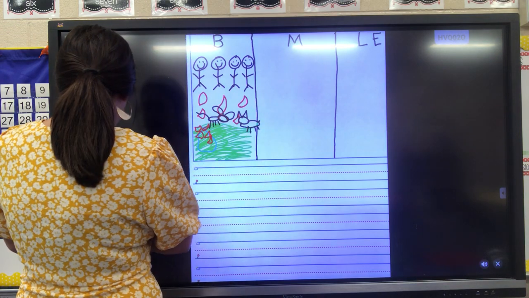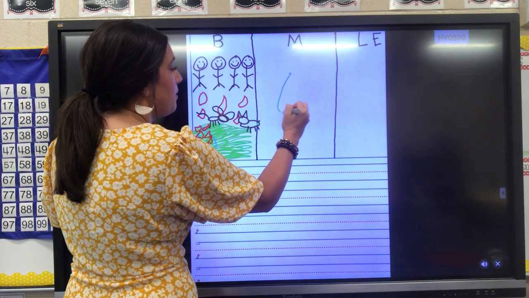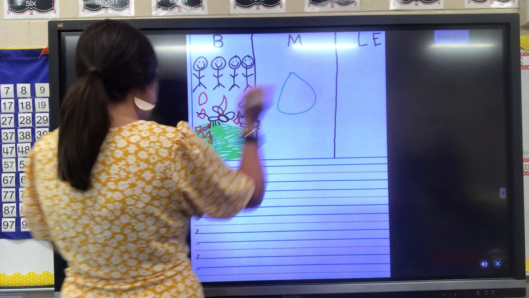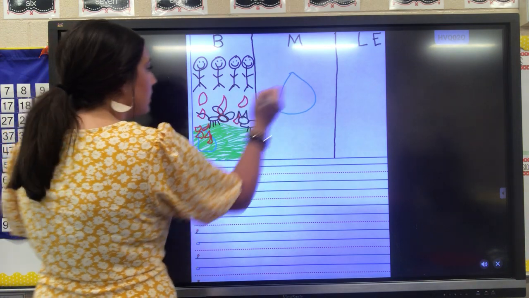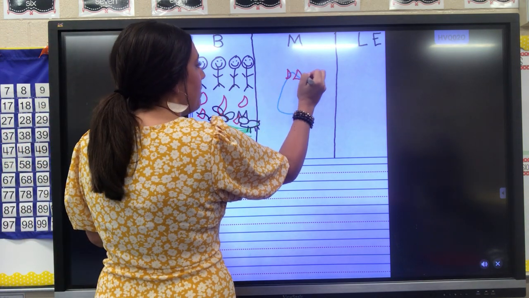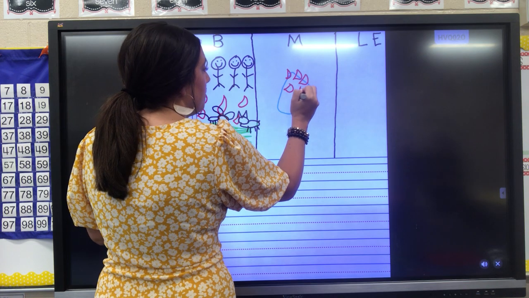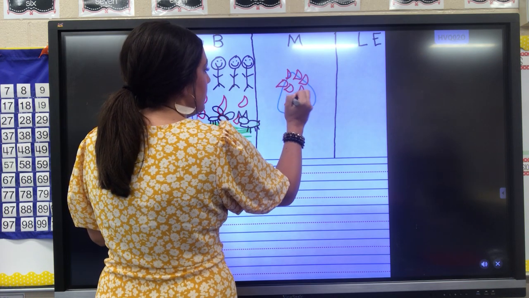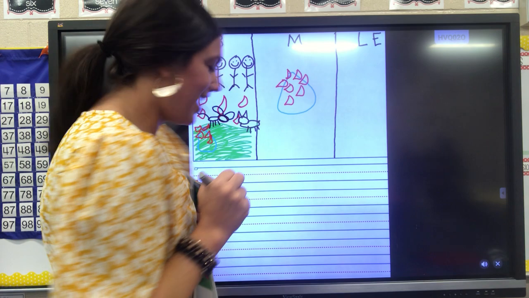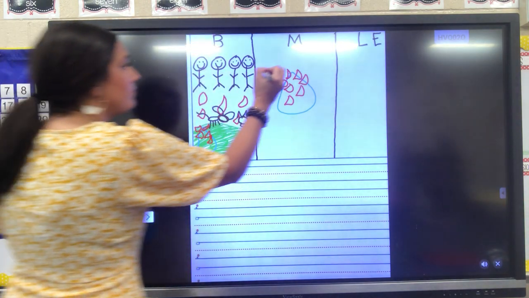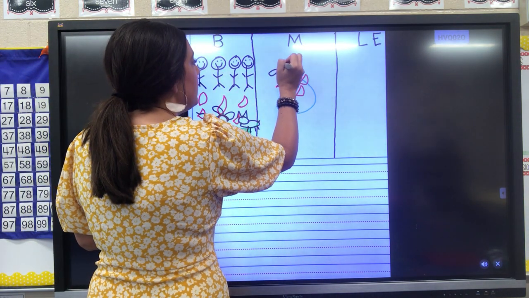Let's draw our bag of leaves once again, because remember now we're in the middle of the story. I'm telling what happened in the middle. Might draw some leaves in the bags. Remember, Miss Johnson is not an artist, but you get the idea. Okay? All right, now here I'll add my dog again.